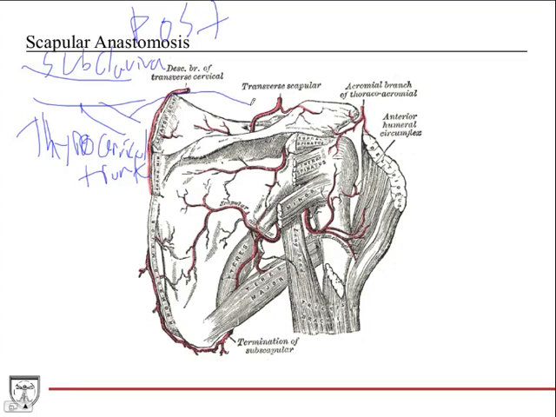Gives rise to the superscapular, which, just to review, travels with the superscapular nerve, and there's that scapular notch, if you remember, like this. And then the nerve travels in the scapular notch. And then there's this transverse ligament that goes across the scapular notch. And then the superscapular artery travels above the notch.